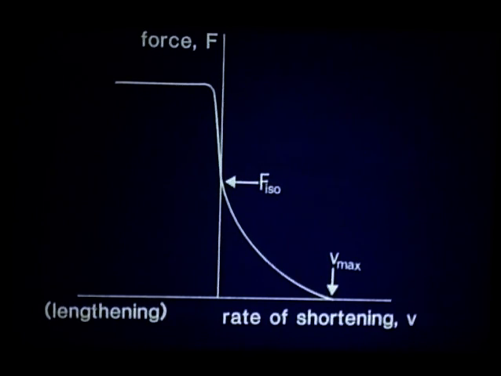What this graph shows is that the faster a muscle shortens, the less force it can exert. On the other hand, if you stretch a muscle forcibly, you get enhanced force. So we're going to put a muscle with properties like that into our mathematical model.